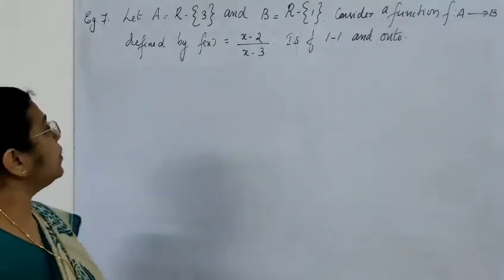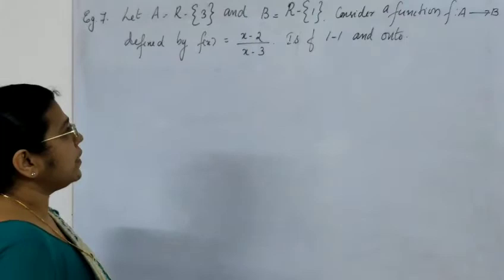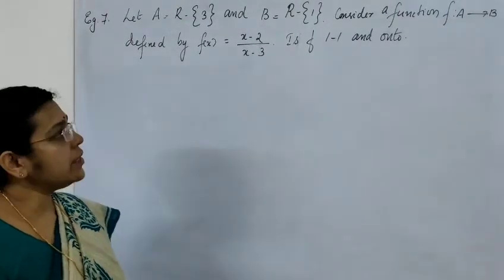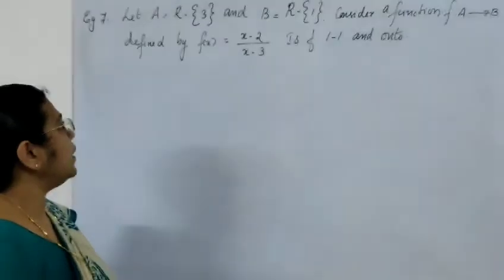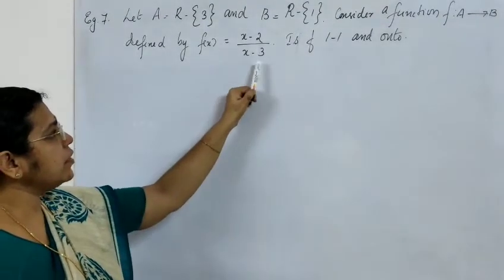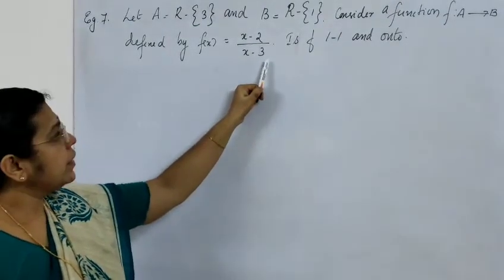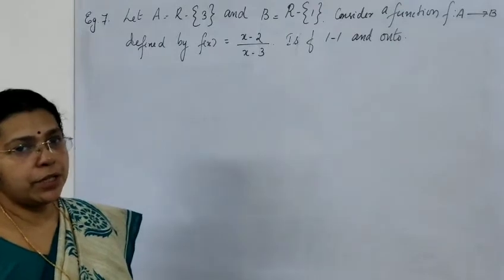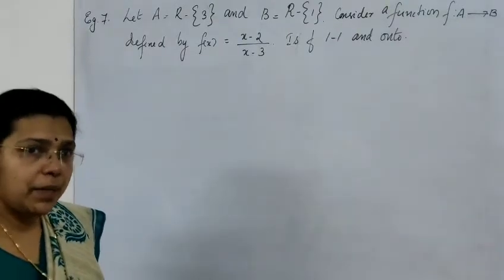Now let's see another question. Let A be equal to R minus the set {3} and B be equal to R minus the set {1}. Consider the function f from A to B defined by f of x is equal to (x minus 2) by (x minus 3). Is f 1-1 and onto? So here again we need to check whether the function is a bijective function.